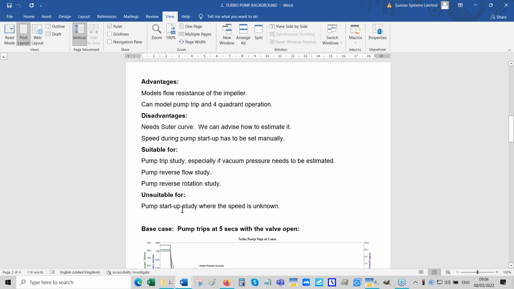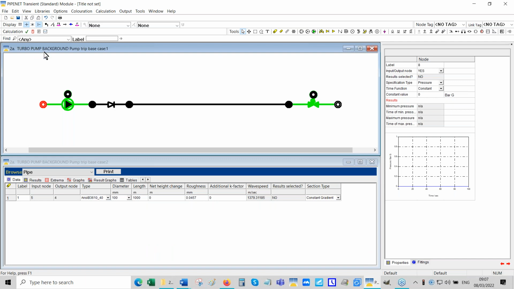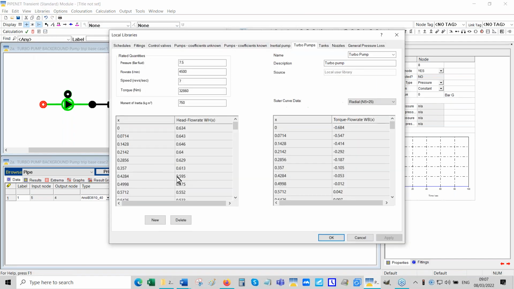It's unsuitable for pump startup study where the speed is unknown. If you want to study the startup characteristics of the pump, it's better to use the inertial pump, which we will see in just one moment. So let's go on and look at the turbo pump.